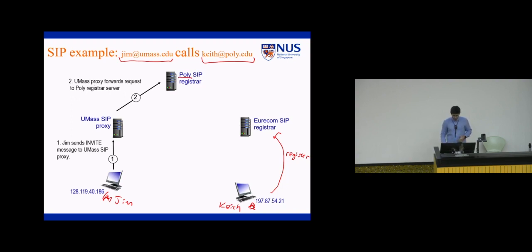But the Poly SIP registrar does not know the current IP address of Keith's client device because Keith recently registered with another registrar. So in that case, the Poly server will return a redirect response indicating that it should try another SIP registrar at keith@eurocom.fr.